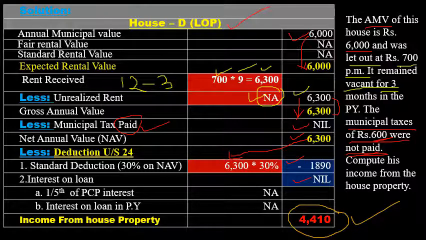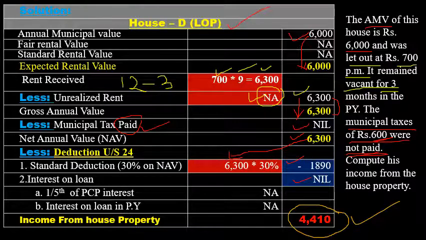For house B, C and D, the calculation structure is the same, only the values and some statements change, but the format is the same from municipal value till income from house property.